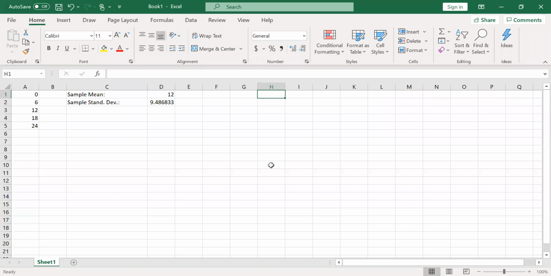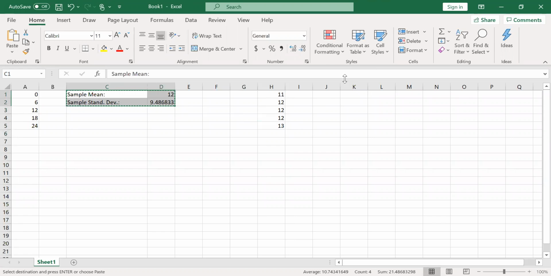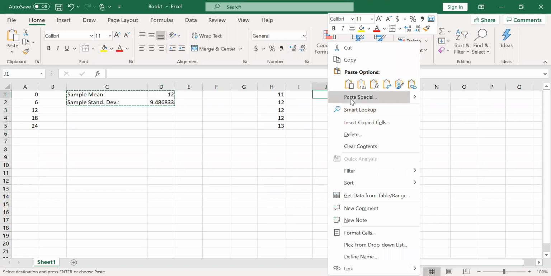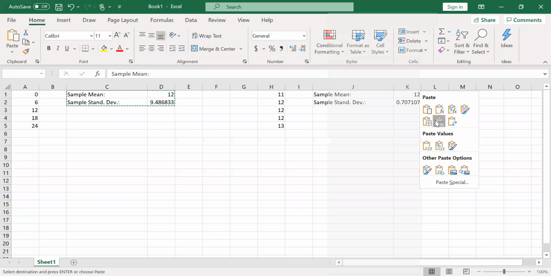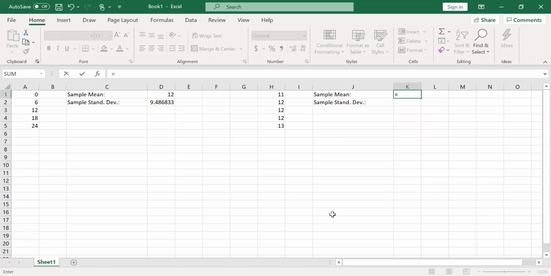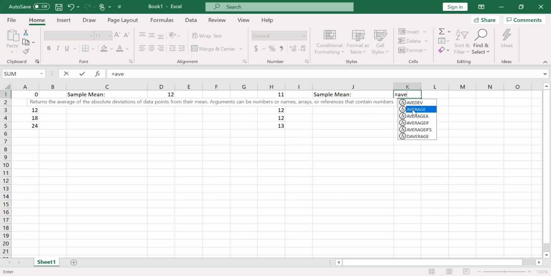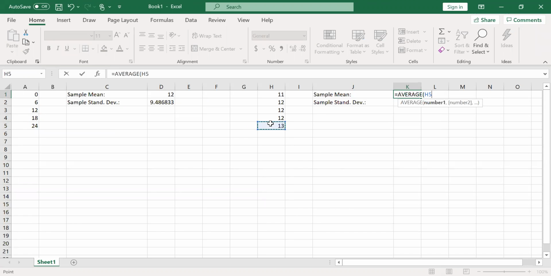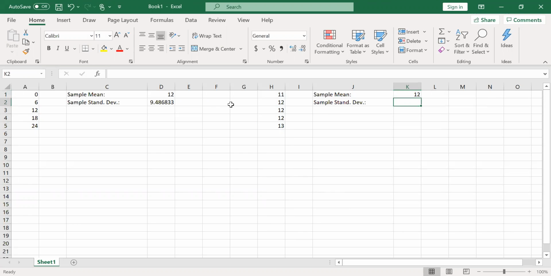So I'll come over here. Let's see what we can do. Okay, so we'll take the average of these 5 data values now. And hey, look, the average is also 12.